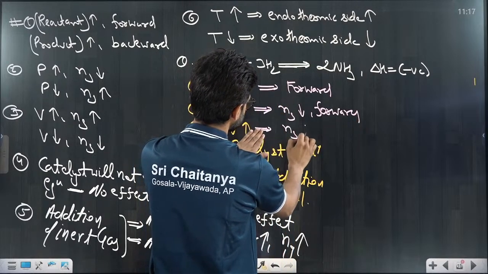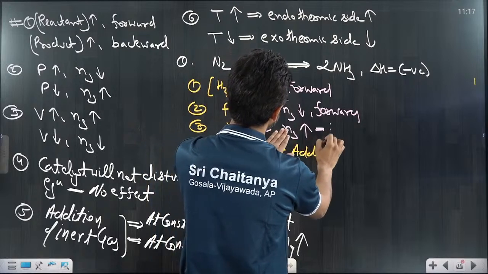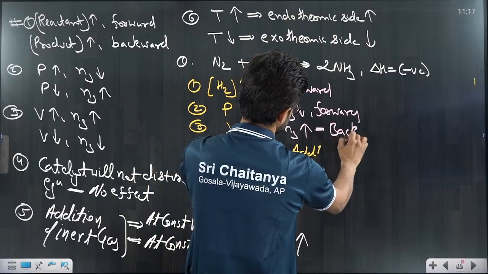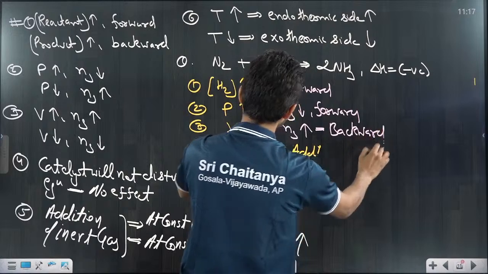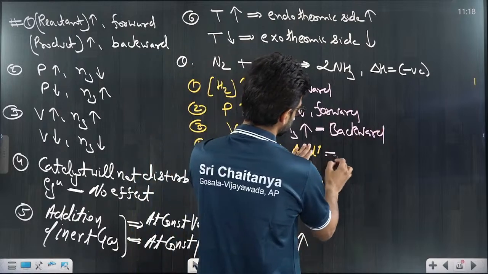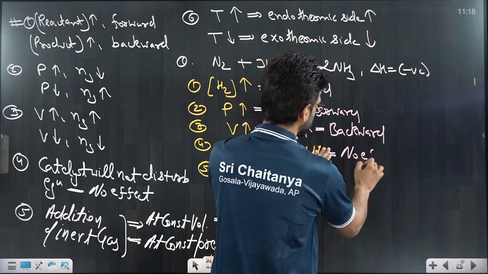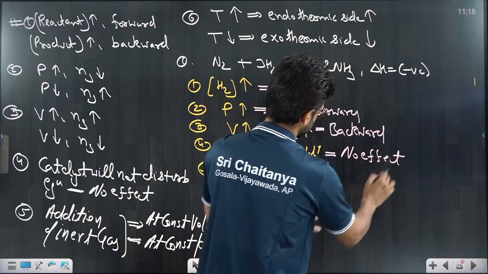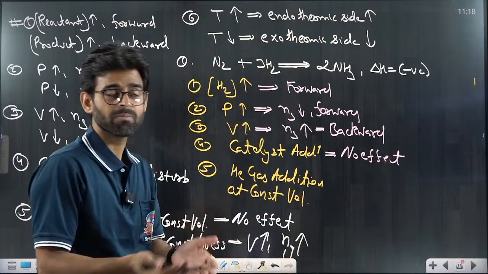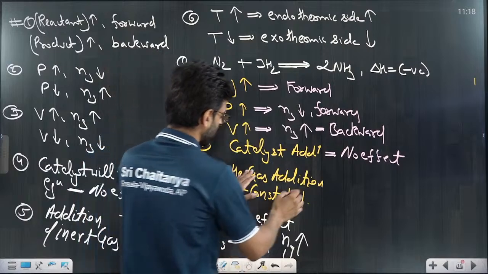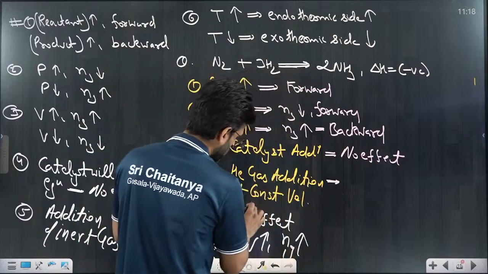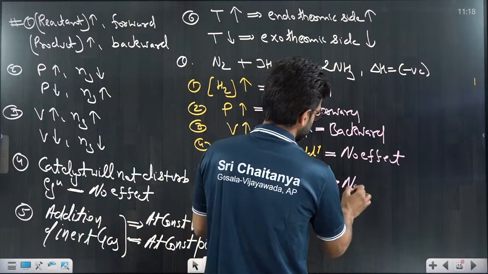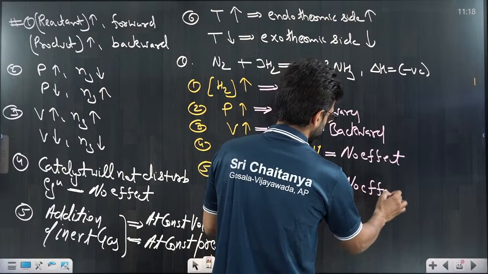Where gas moles are more. Backward. Very, very important: catalyst addition, no effect. It can help to attain equilibrium fast, but if it is already at equilibrium, then no effect. Helium gas addition at constant volume, you can say no effect, right?